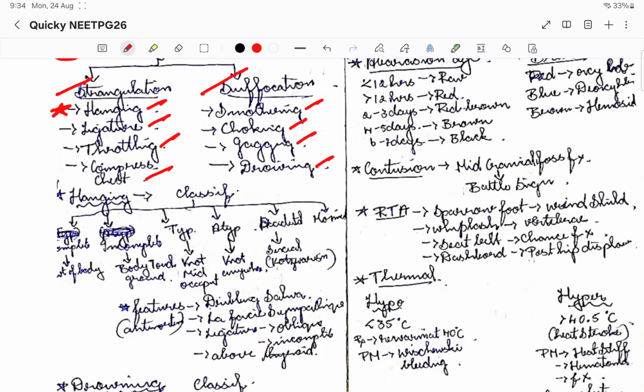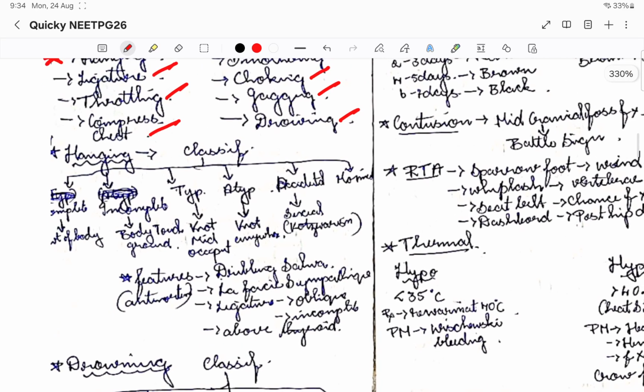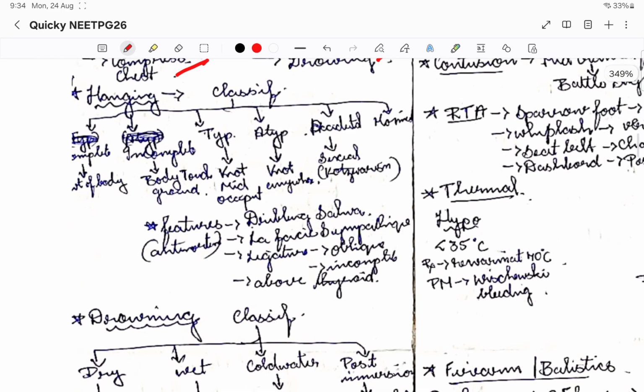So please remember, if someone is putting their hand towards the neck, it is going to be throttling. Please remember that term, throttling. Then gagging and choking: if you put something in the mouth, that is choking or gagging.